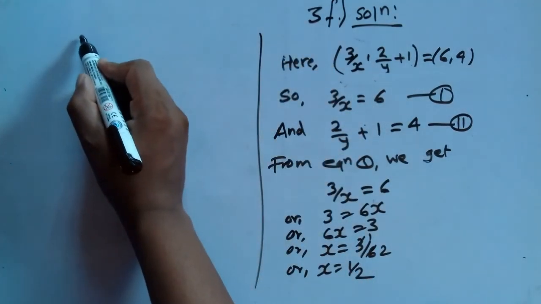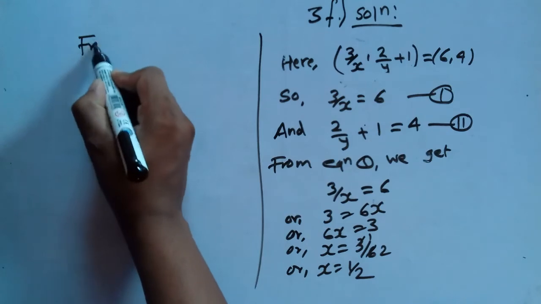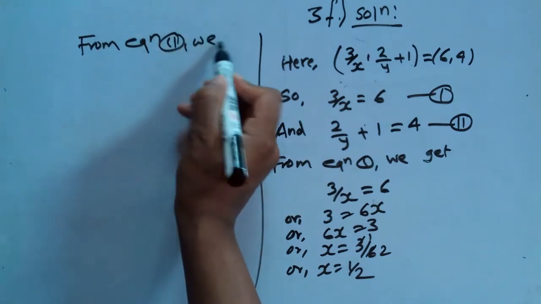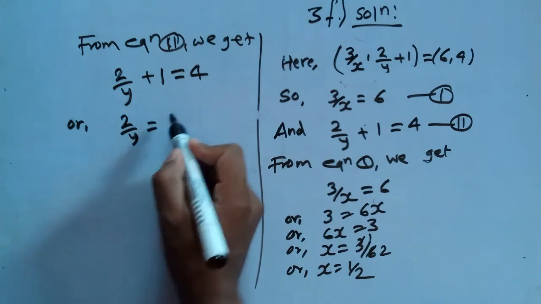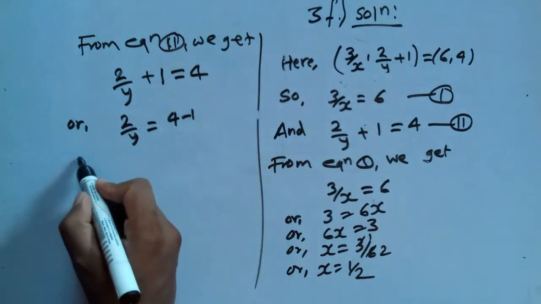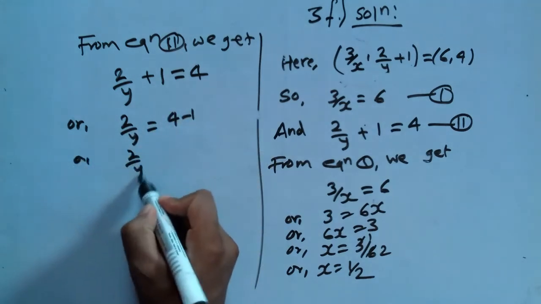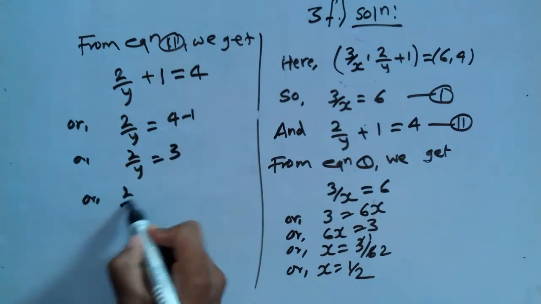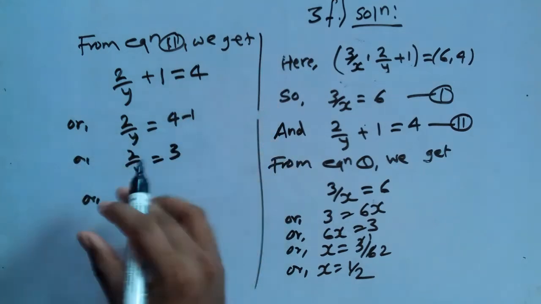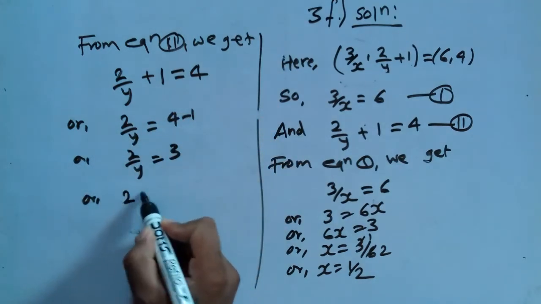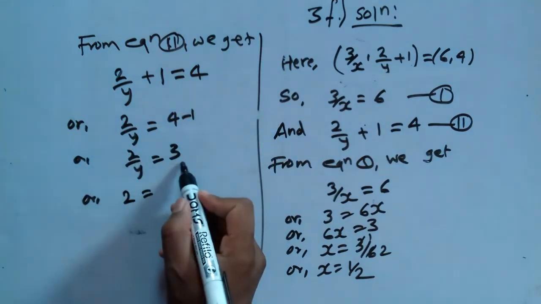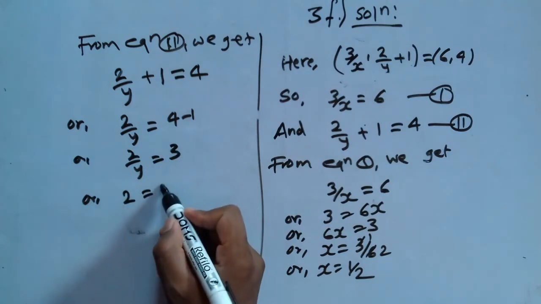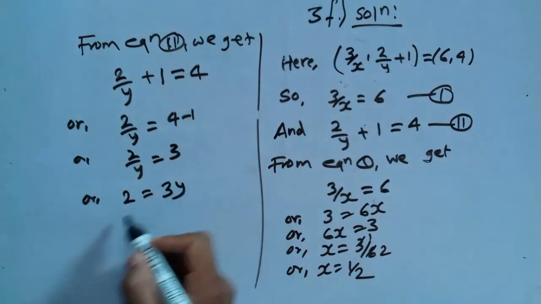After that, from equation 2 we get 2 by y equals 4 minus 1, or 2 by y equals 3. Cross multiplying, this will be 2 into 1 is 2, and y into 3 is 3y.